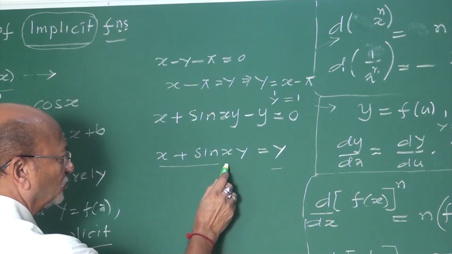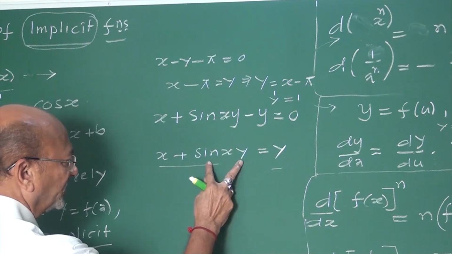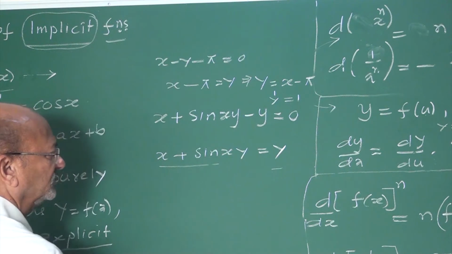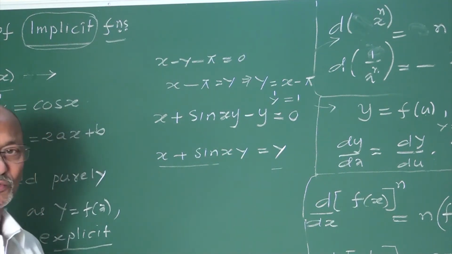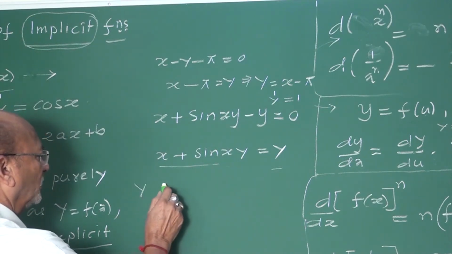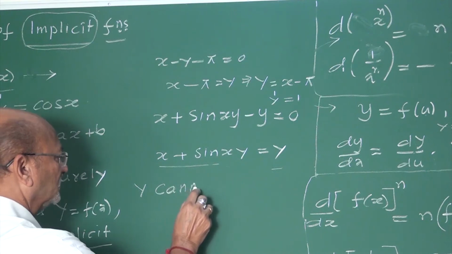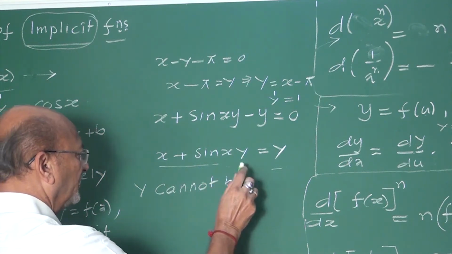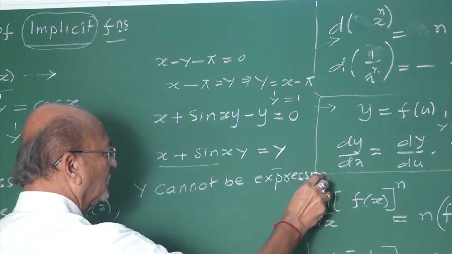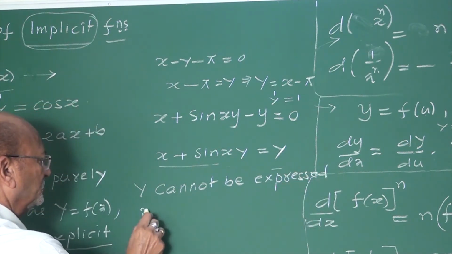Is it possible to express this sin(xy) in terms of y separately, in terms of x separately? Is it possible? No, it is not possible. In this case, we say y cannot be expressed in terms of x.